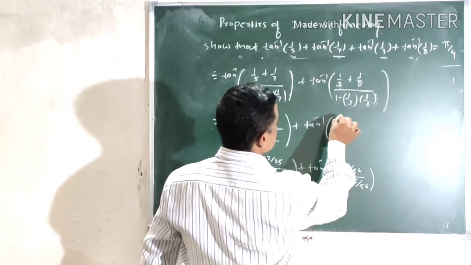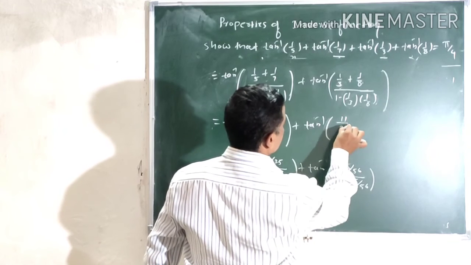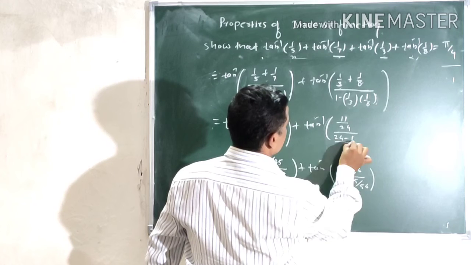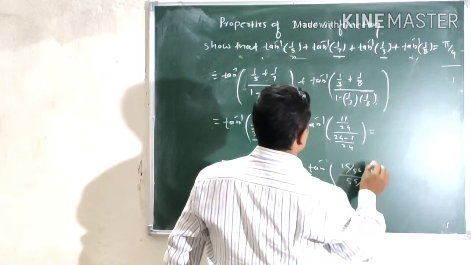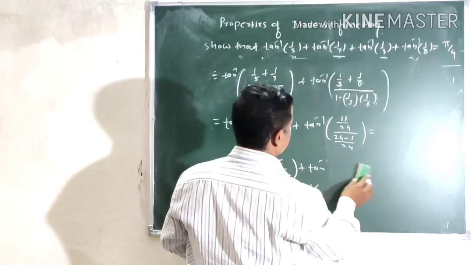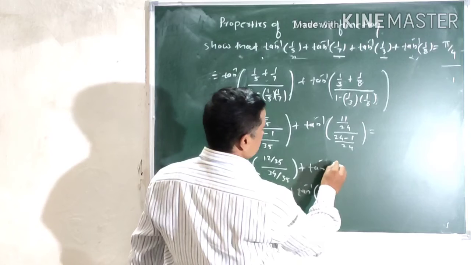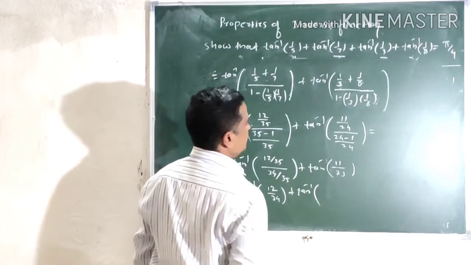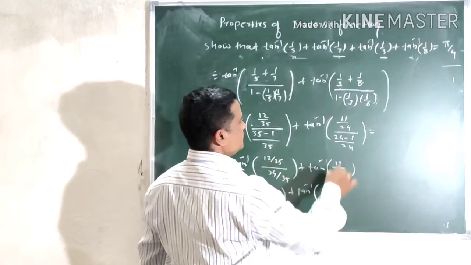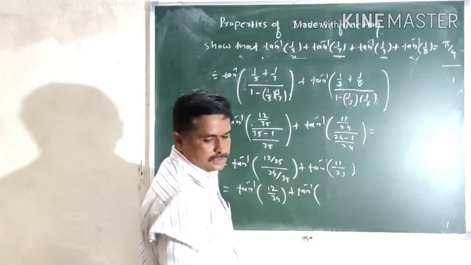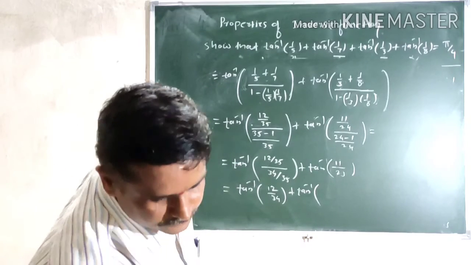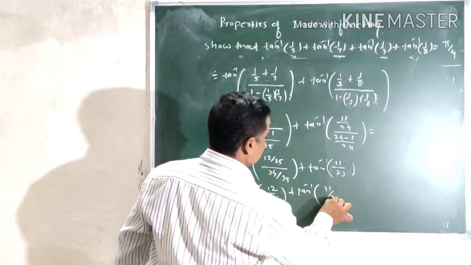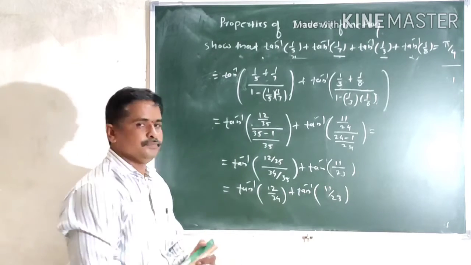So it is tan inverse of 11 by 24, it is 24 minus 1 by 24, that is equals to 11 by 23. 24 gets cancelled, so it is tan inverse of 11 by 23.